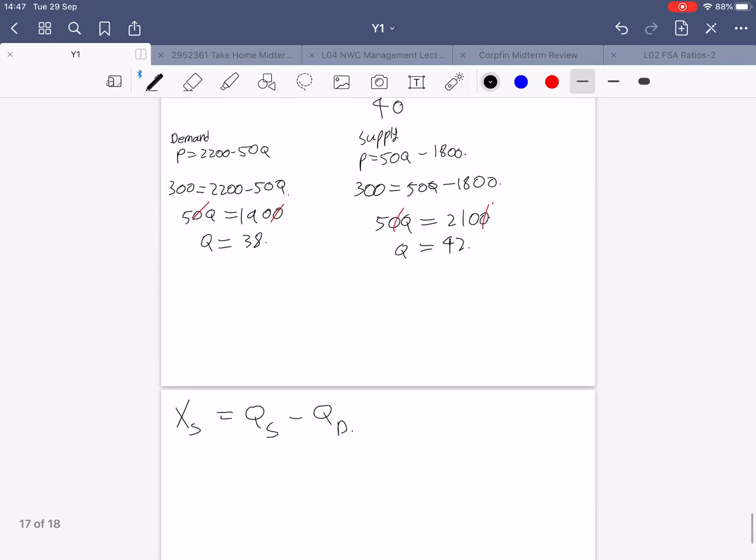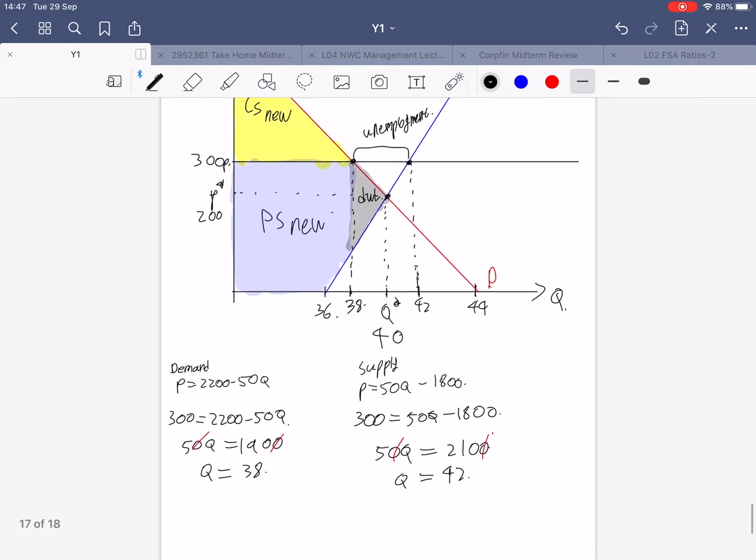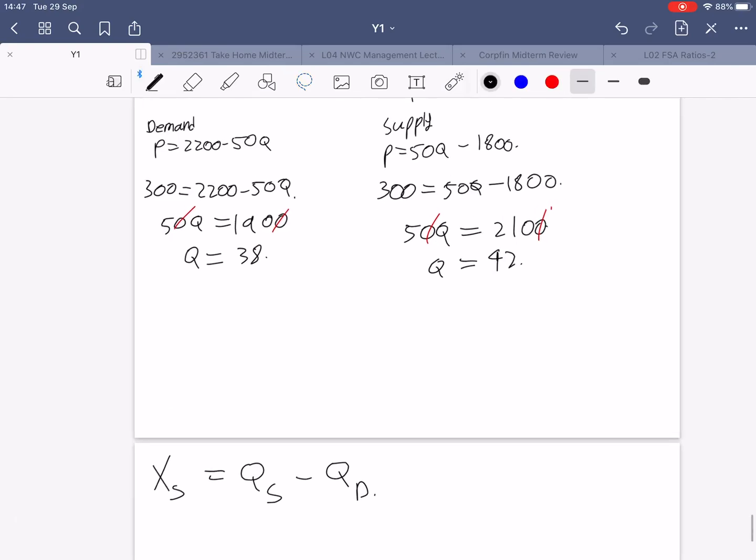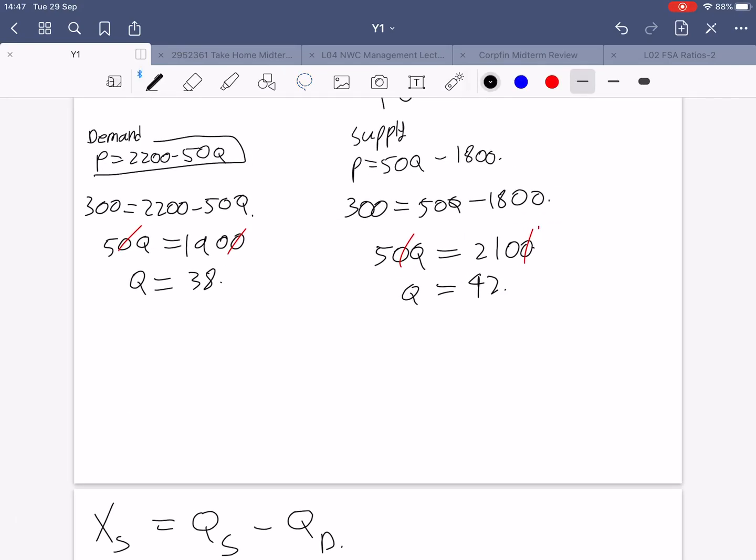In order to find QS and QD, we are going to use this equation again. So we are going to change this equation in terms of Q. So for demand, QD is going to be 2200 minus P.